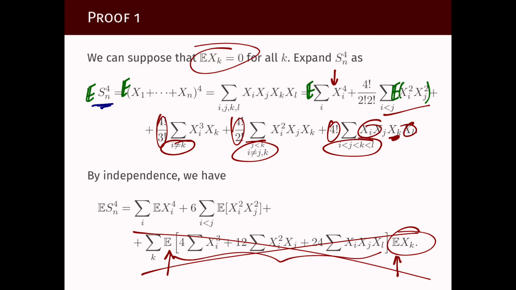So we are left with these two terms, the sum of these n fourth moments of different random variables, and 6 times, 6 is this combinatorial factor that we have here, 6 times the cross moment, second moment of two different random variables from the sequence xi and xj.